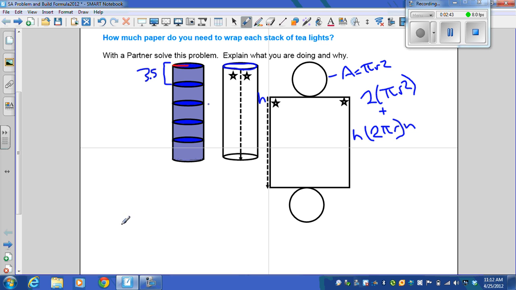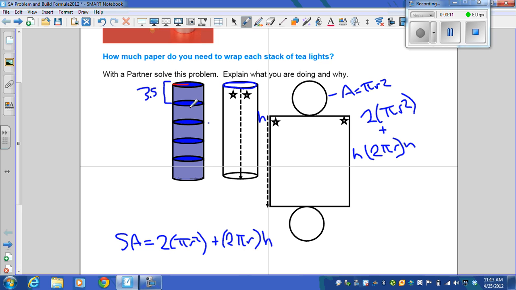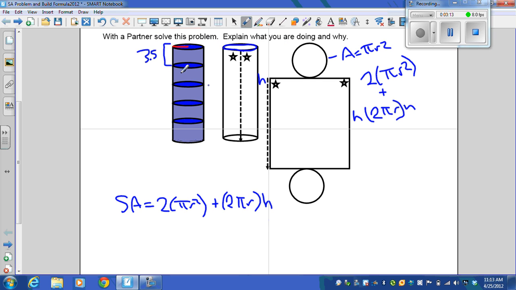The surface area of a cylinder is equal to 2 times the area of the circles, which is pi r squared, plus 2 pi r times the height. Then we can simply plug in the measurements. That's the information you need to remember.